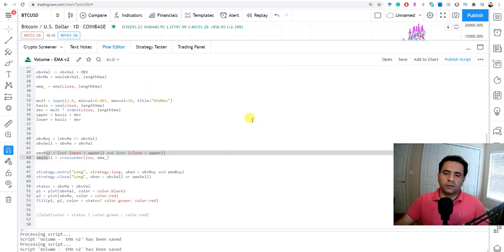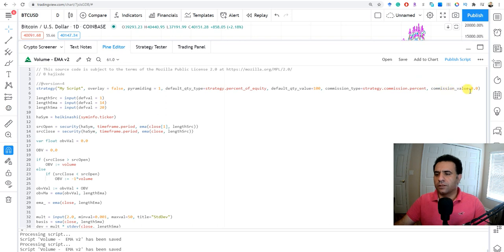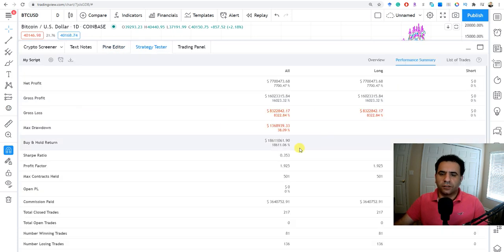If you consider the commission rate, so instead of 0% commission, we can have 0.5%, which is the Coinbase commission. Using the 0.5% commission, we can see that it's 7,700%. It's still very good.